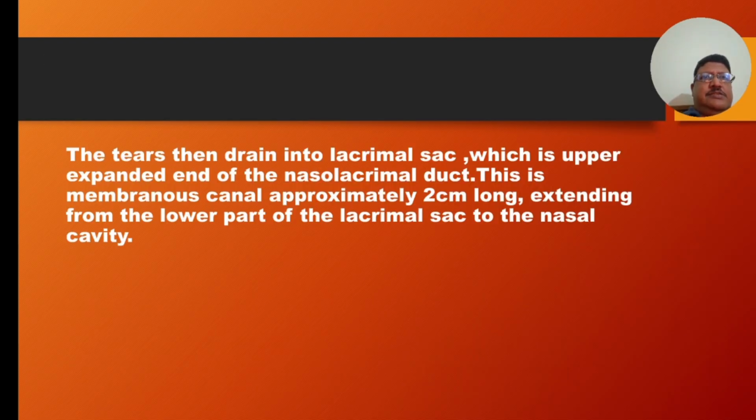The tears then drain into the lacrimal sac, which is the upper expanded end of the nasolacrimal duct. This is a membranous canal approximately 2 centimeters long, extending from the lower part of the lacrimal sac to the nasal cavity.